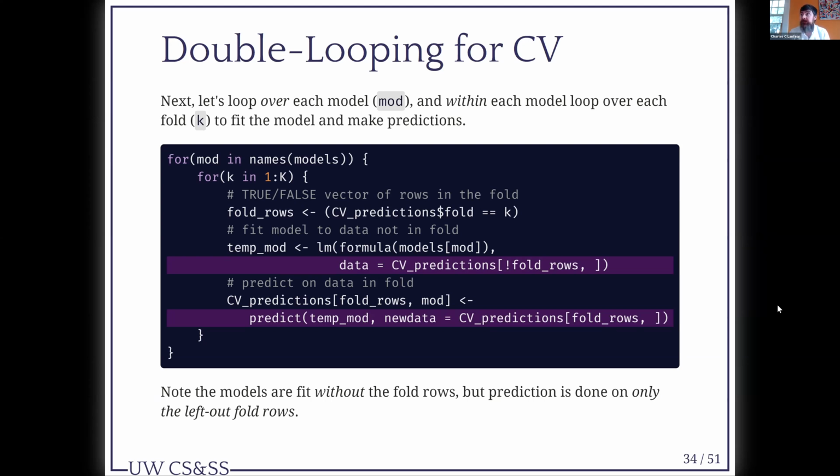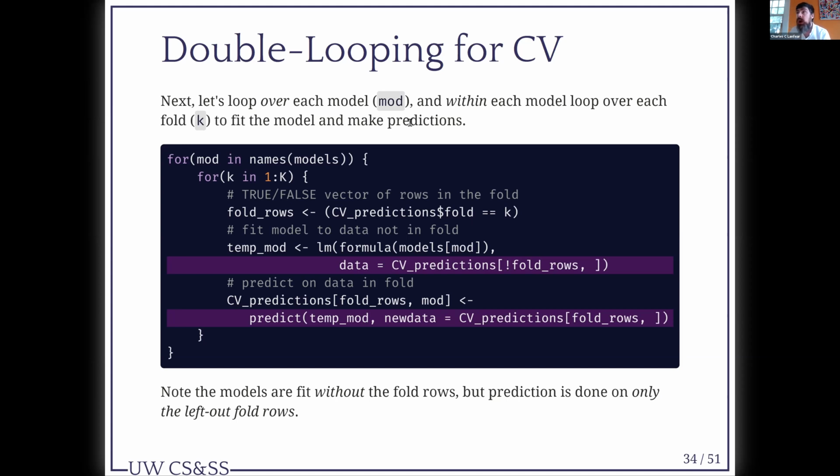That is, I have taken one loop and stuffed it into another loop. This is a very common programming operation, to have loops inside of loops inside of loops. In R, it's really common to do your best to avoid doing this, but it's nice to demonstrate how this works. So the idea here is we're going to loop over each model. Within each of those models, we will loop over each fold and make predictions.